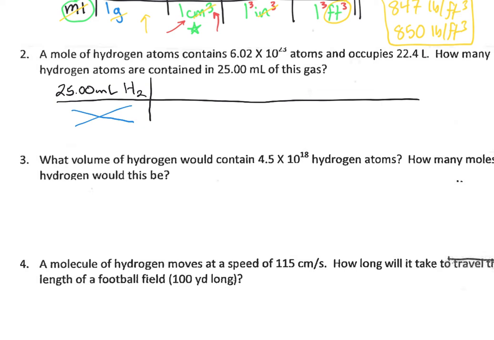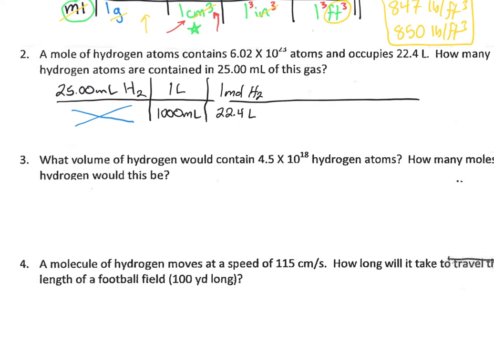Okay, I'm going to go ahead and convert milliliters into liters. And then we're going to use that conversion that they gave us. 22.4 liters occupies 1 mole of hydrogen atoms, H2.